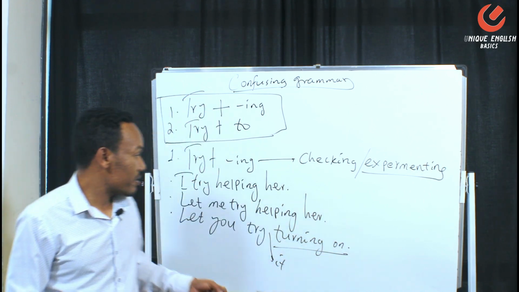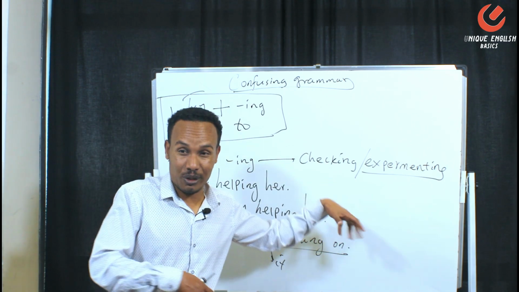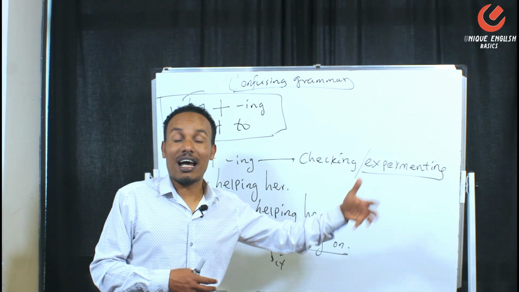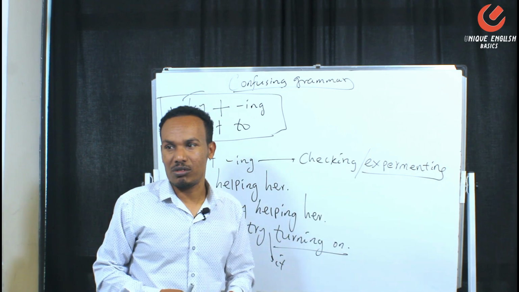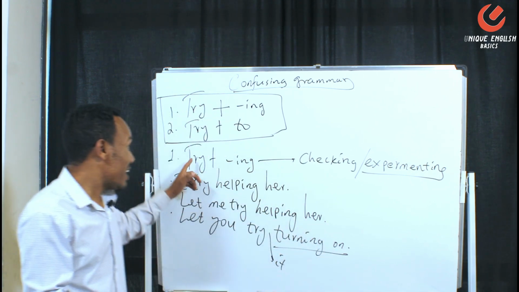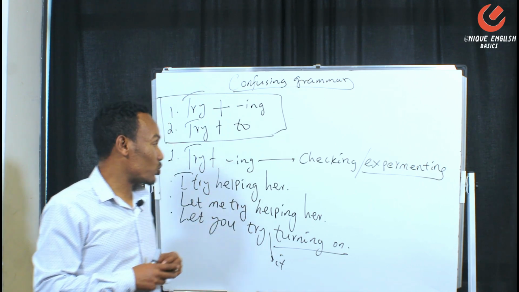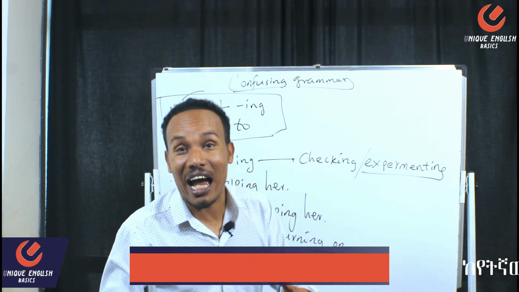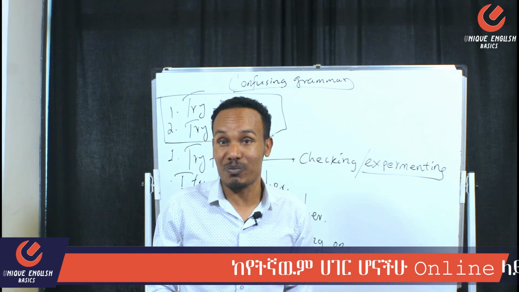You're asking me to check what happens. So try is followed by ing form as a main verb when we are checking or experimenting something, all right?